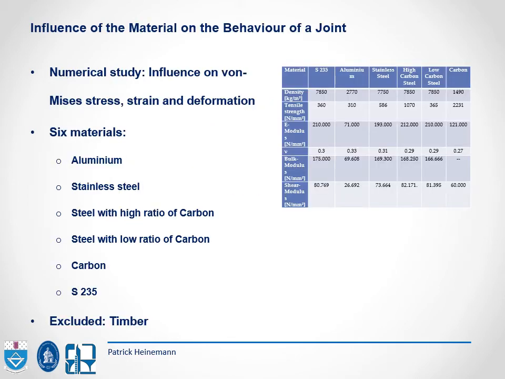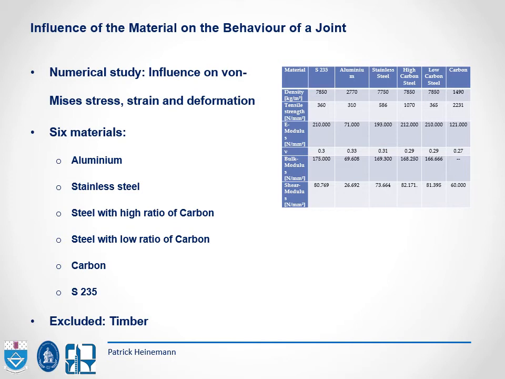In the past I did some studies about the influence of the materials on the behavior of the joint. Mainly I did two numerical studies about the Von Mises stress, strain and deformation. The models were about 6 materials.